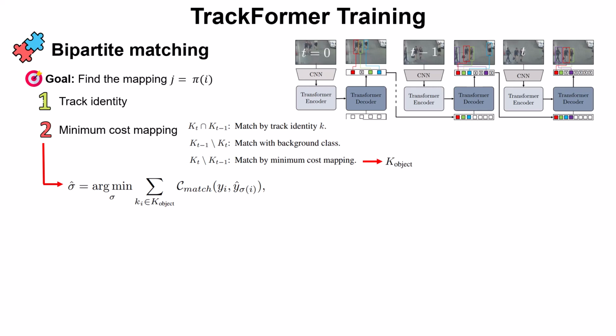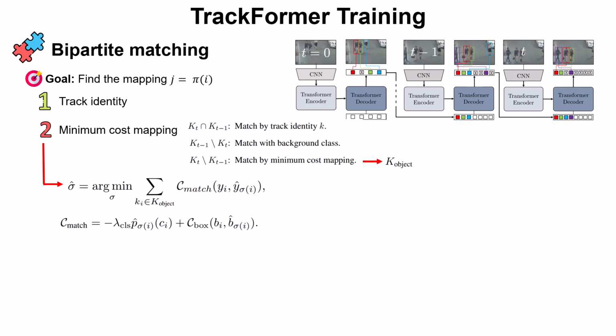But how can we define this cost matching? They say this cost matching is the sum of two terms. The first term is the cost of classification, and the second term is the cost of bounding box regression. For the cost of classification, this c_i receives the index i from the ground truth and says which label that ground truth is referring to.